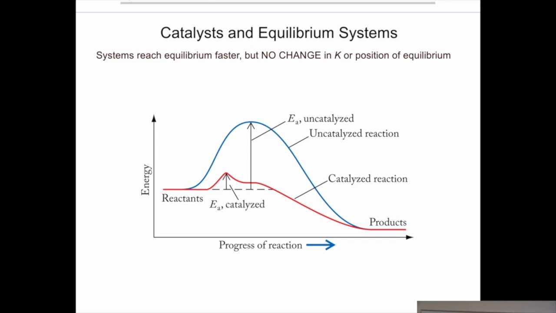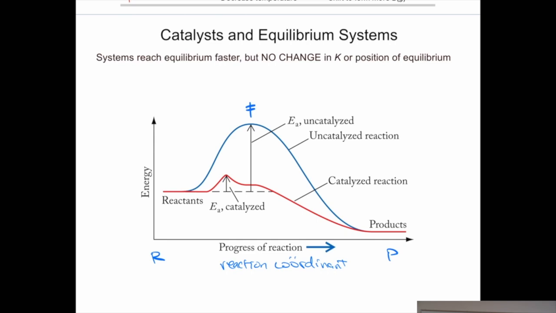We have a regular reaction coordinate, progress of the reaction. I call this the reaction coordinate. All reactants, all products, activation energy, and what's at the top? This is good review for chapter 13 as well. What's at the top here that I used the double dagger for?